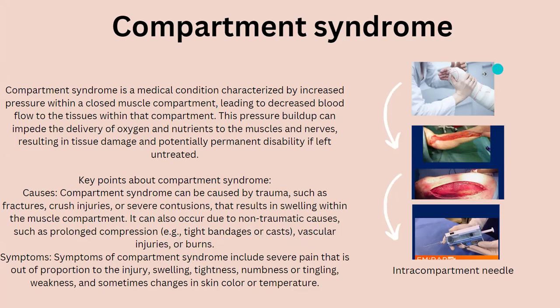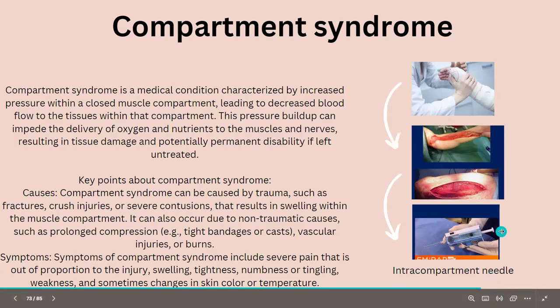Take the example of putting on a cast. Let's say someone broke their hand and they now put on a cast. The nurse might put it on too tight, resulting in a pressure buildup in that compartment, which needs to be relieved by something called an intra-compartment needle.